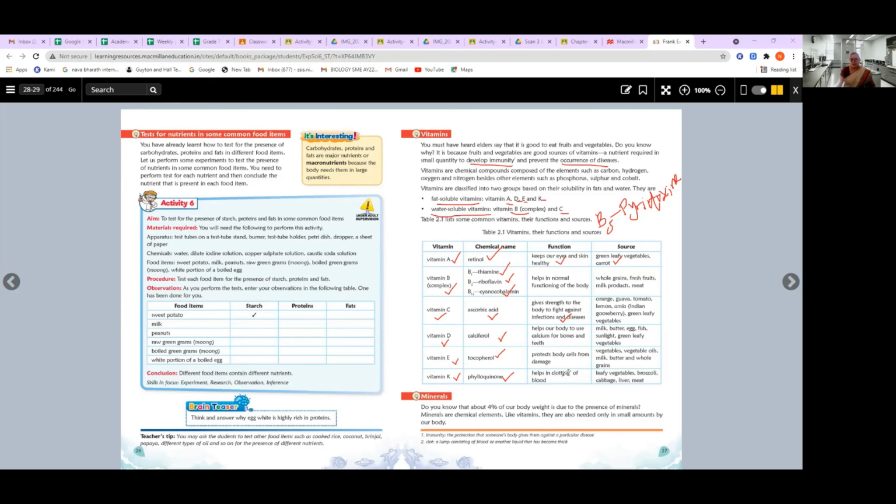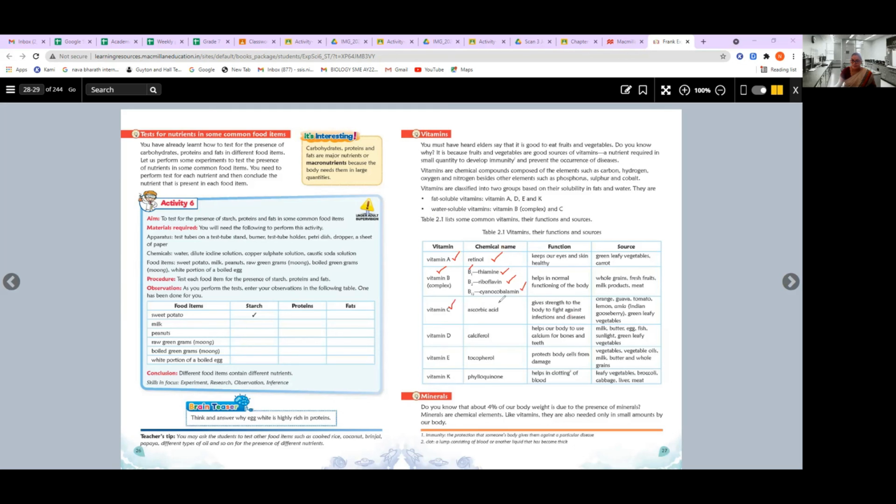That's all about vitamins. One more time, I'll read out only the chemical names of the vitamins. Please listen very carefully. Vitamin A, retinol. Vitamin B complex: B1 is thiamine, B2 is riboflavin, B12 is cyanocobalamin, and B5 is pyridoxine.